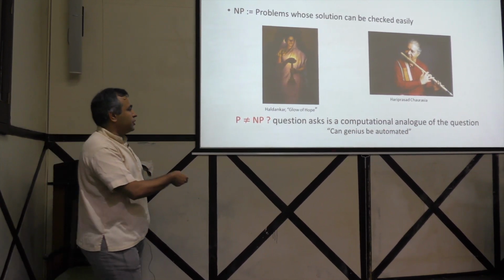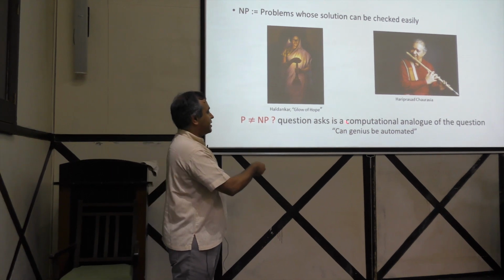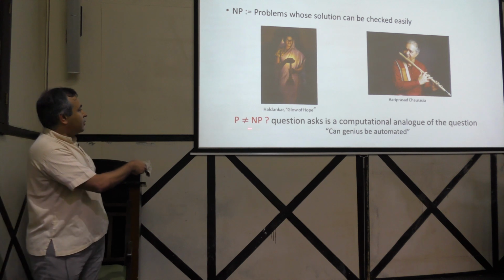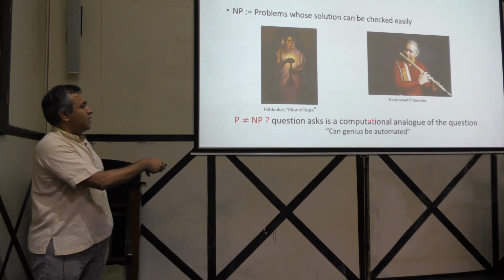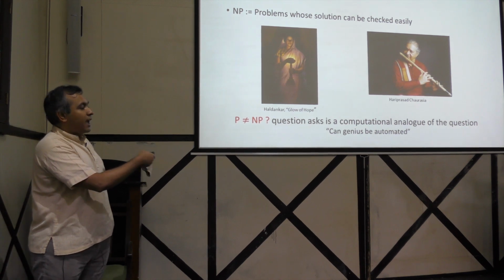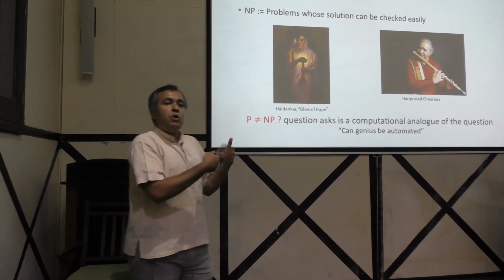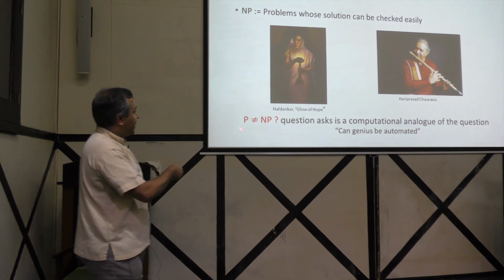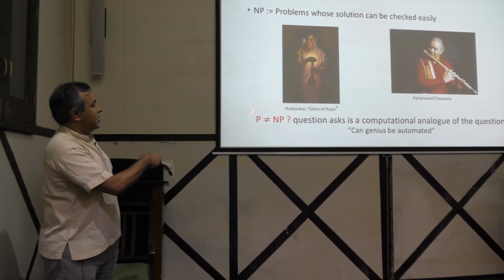It's the closest you come to this question. This analogy is not perfect, but it's the closest. Asking whether P is equal to NP is asking, can things which you can appreciate, can you actually do them yourself? And that's why it forms one of the central questions.